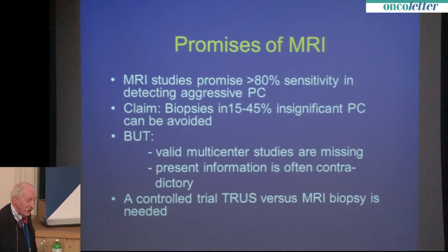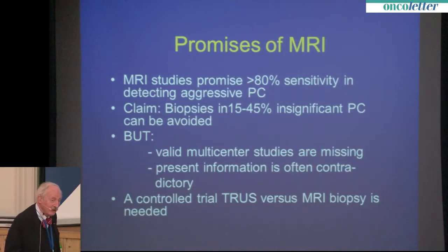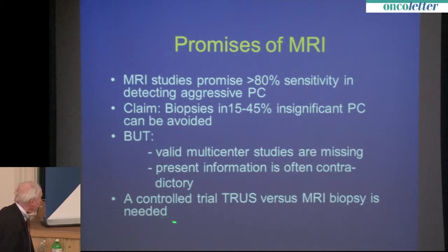However, we still don't have a multicenter study. We still don't have a randomized comparison. And so we're fishing in the dark. I'm very happy that the randomized study is in preparation, and that we will soon see the start of this study initiated in the UK, the United States, and in Canada.